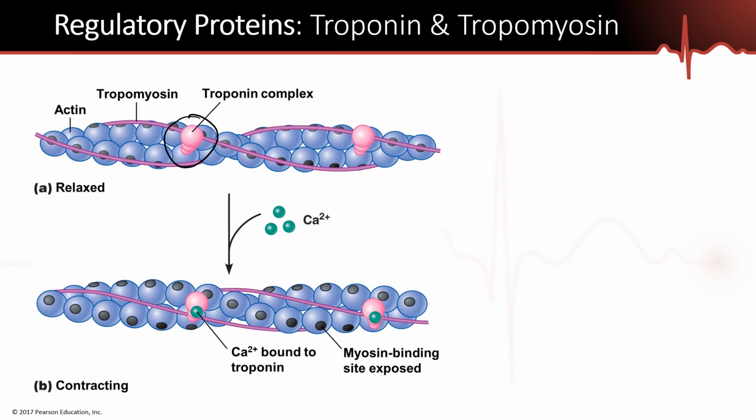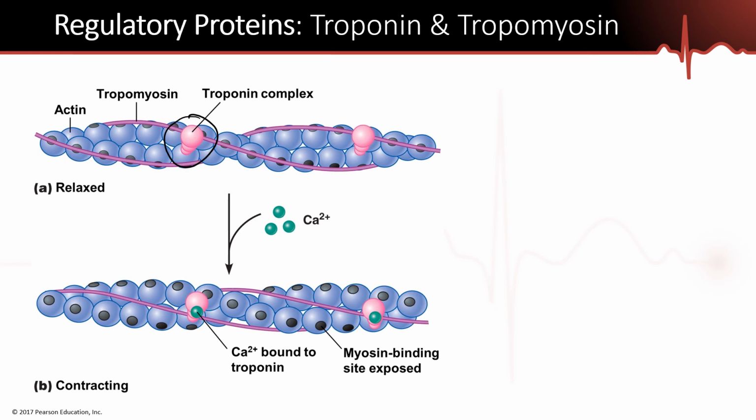Tropomyosin is associated with actin and plays a very important role in regulating actin, but you might hear people disagree with this, tropomyosin is really not technically part of actin. Tropomyosin is associated with actin, and it clearly plays a role in regulating actin by covering up the myosin binding sites on the different G-actins that make up the actin filament. But tropomyosin is a different protein than the actin filament itself.